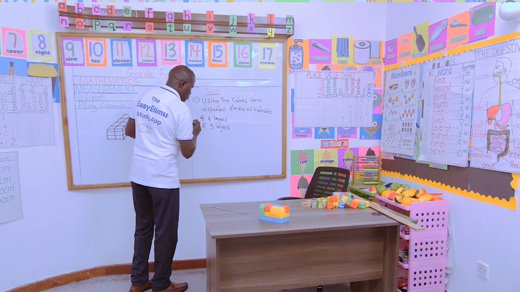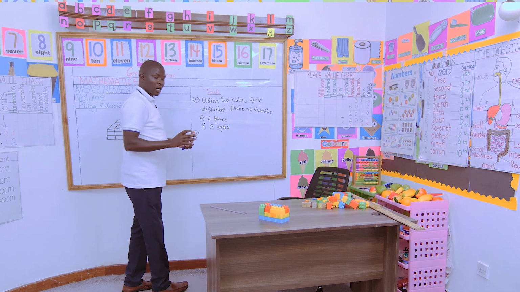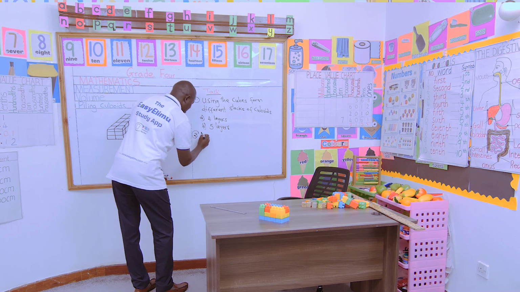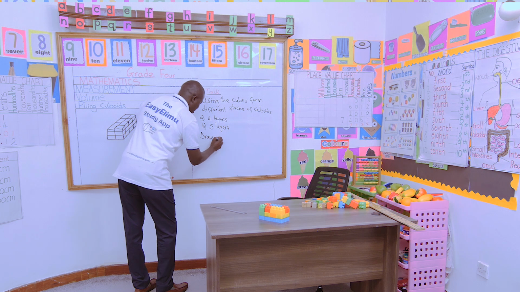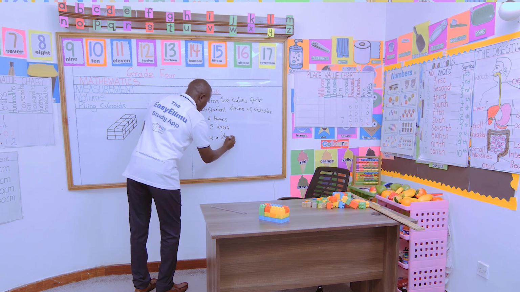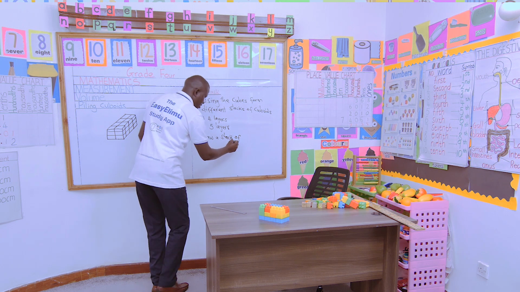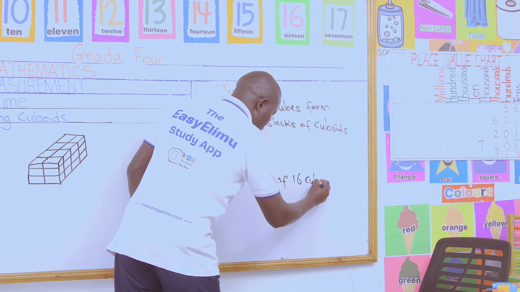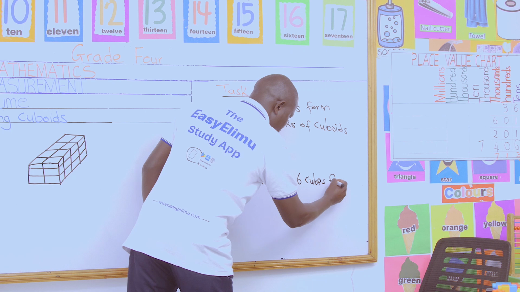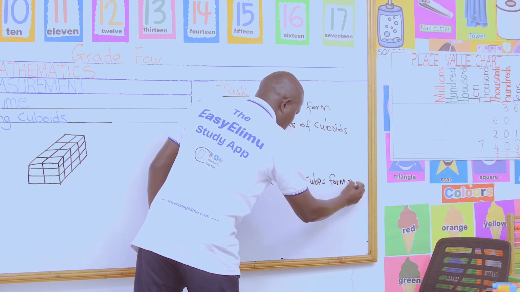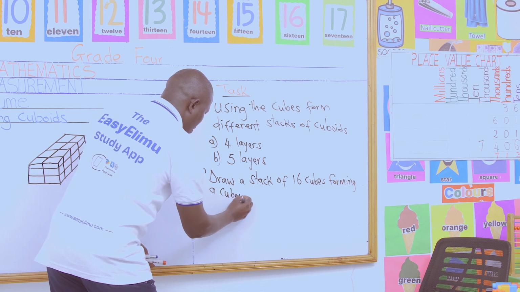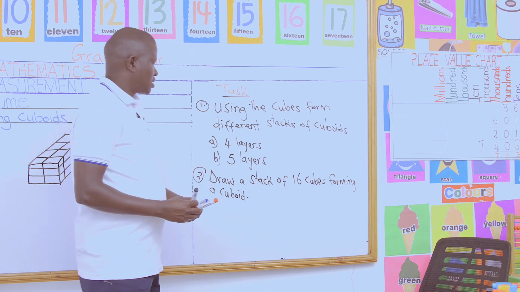And then the second number: you draw a stack of 16 cubes forming a cuboid. Those are our 2 questions.